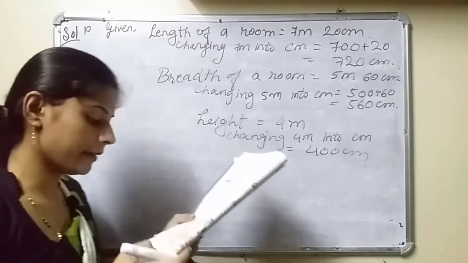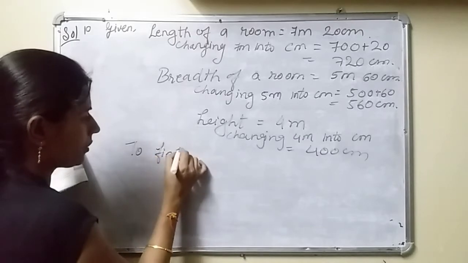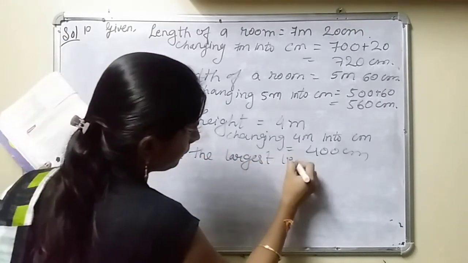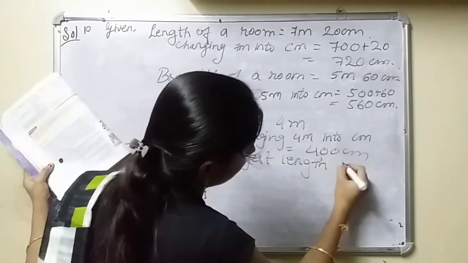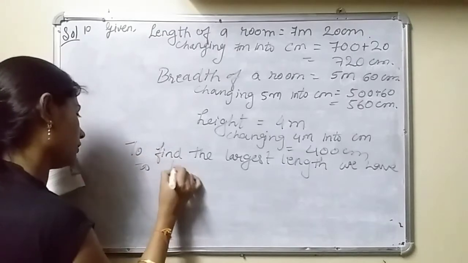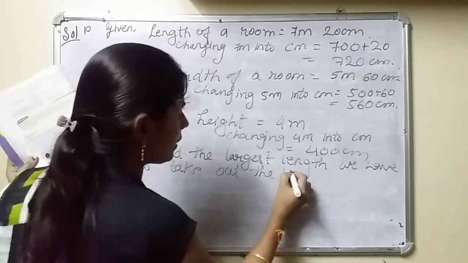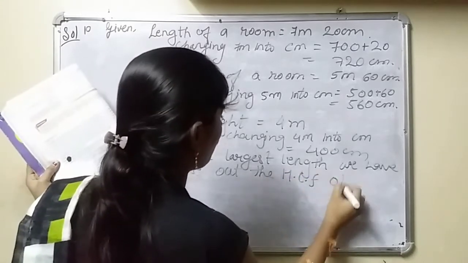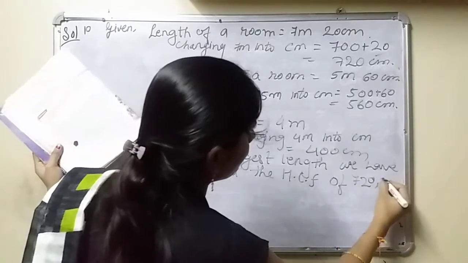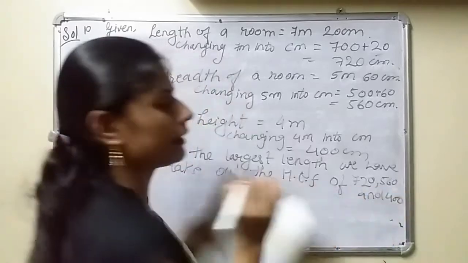Now what you have to find here? Largest length. To find the largest length, we have to take out the HCF of 720, 560 and 400.